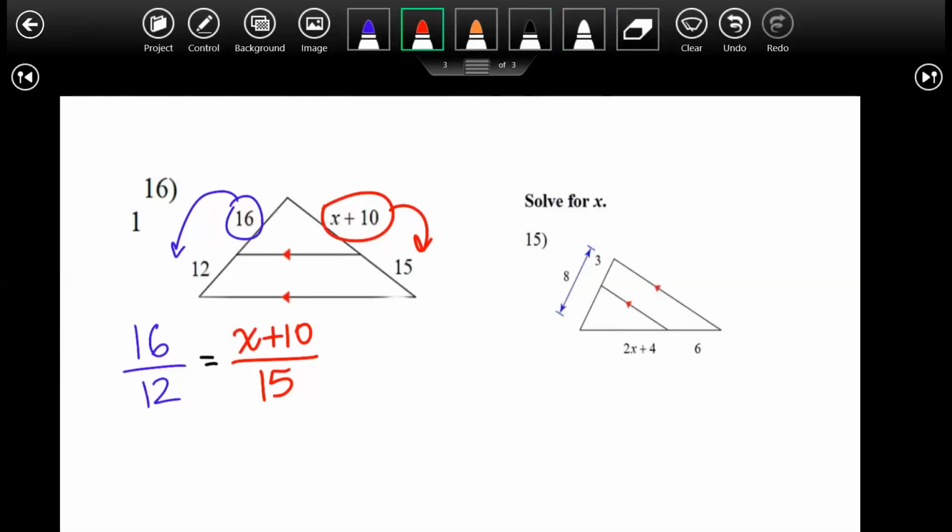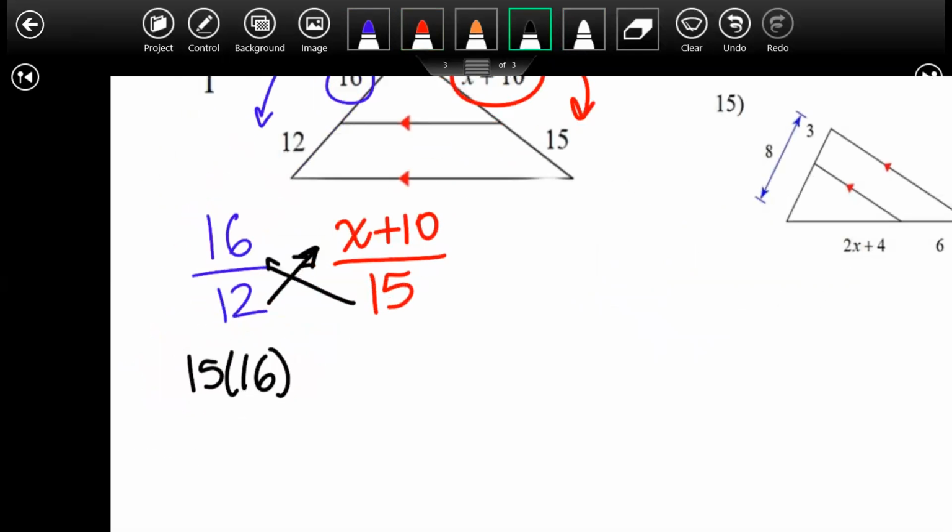What do we got to do to solve these out? Cross multiplication. So this would be 15 times 16, and 12 times x plus 10.